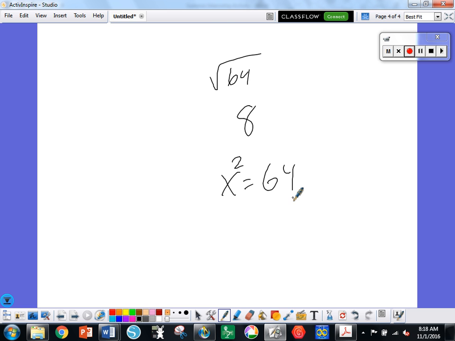We just take the square root, but we do plus or minus square root of 64, which is plus or minus 8. Okay? So when we take just a pure simplification of root 64, that's just 8, right? But when we physically take the radical, then we need to go ahead and put our plus or minus. Does that make sense?